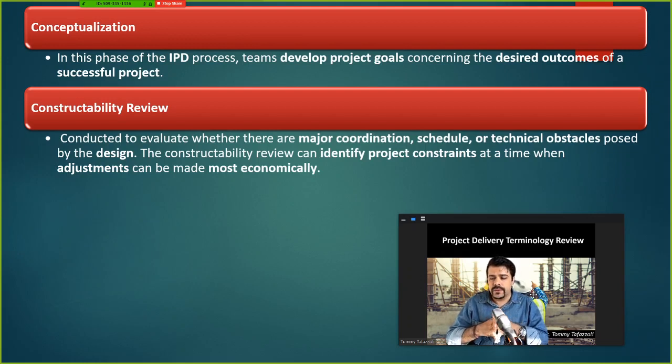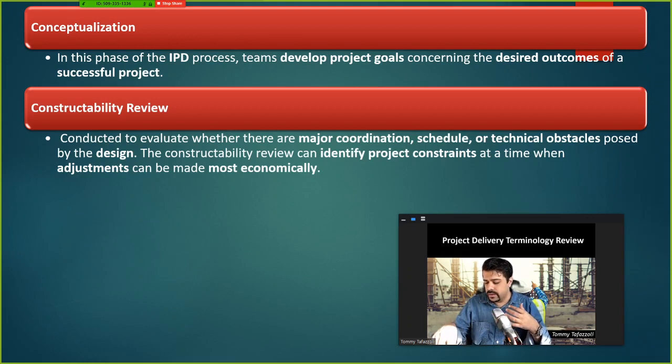The benefit is that they do it early in the project, so adjustments can be made easily and most economically before people go to the field and face issues. It means they review the main elements of the project from A to Z, from start to end, and try to figure out the possible issues that we may encounter. Then accordingly they make modifications in the project, or they come up with solutions before the problem arises.